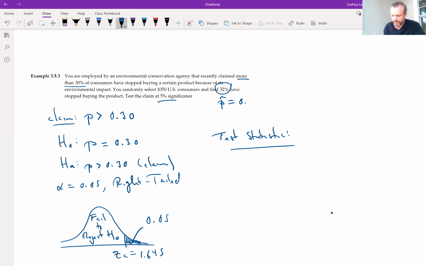P hat is 0.32. Or if I want to use one prop Z, I need to figure out what's 32% of 1050. That's really my X. So one prop Z test. That's what I want to do here. And I will show you that.